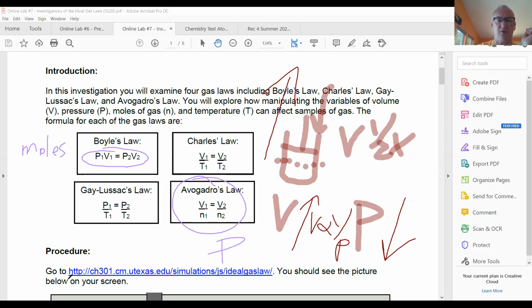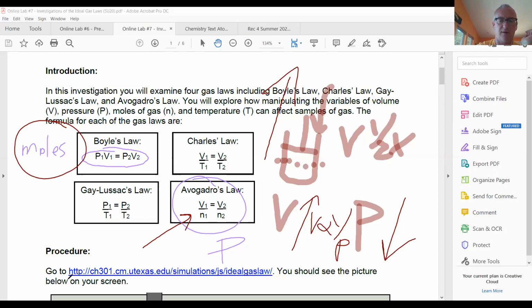So in the first example with Avogadro, we kept the pressure constant and changed the amount of gas. And in this instance, we keep the amount of gas constant and change the volume. So each time we're changing just one thing at a time and seeing what effect it has on the other things. Okay?